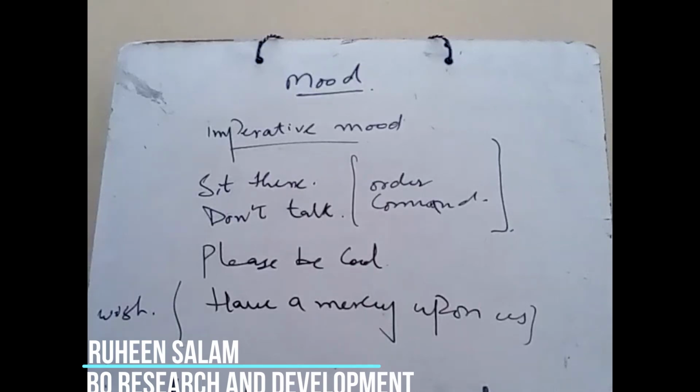So you are advising someone that he or she must keep herself and himself warm to be safe from the effects of the weather. So imperative mood was our very fourth mood of language.